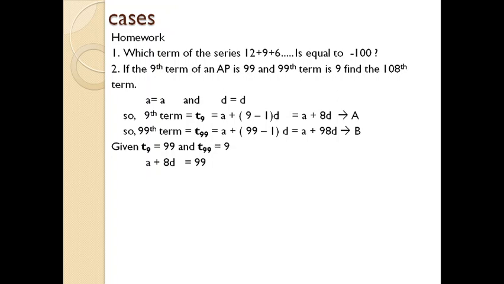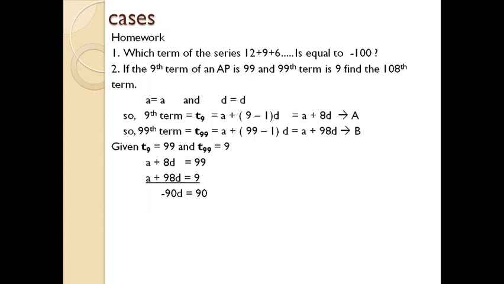By substituting T9 and T99 into the equations, you will get for the first one a plus 8d equals 99, because in equation 1 T9 equals a plus 8d, and in the question the 9th term of the AP is 99. Likewise, you will also get a plus 98d equals 9. I think you got the concept.